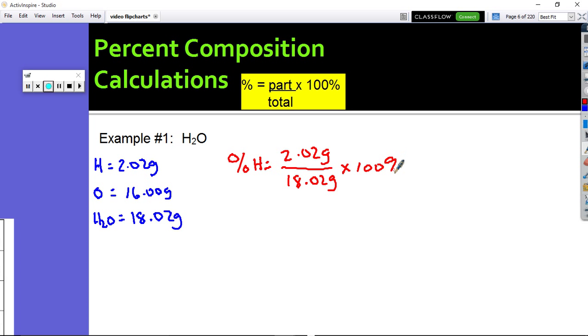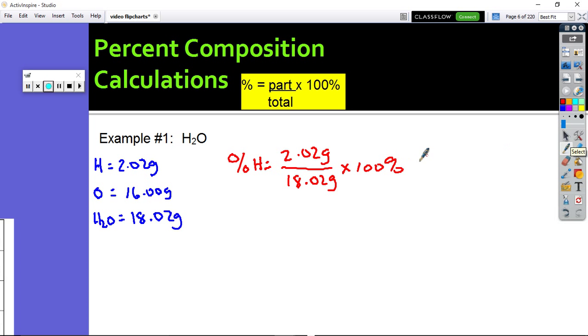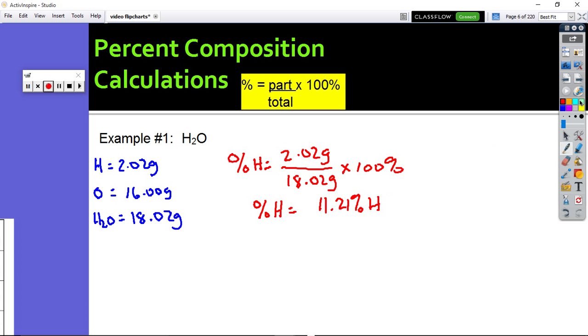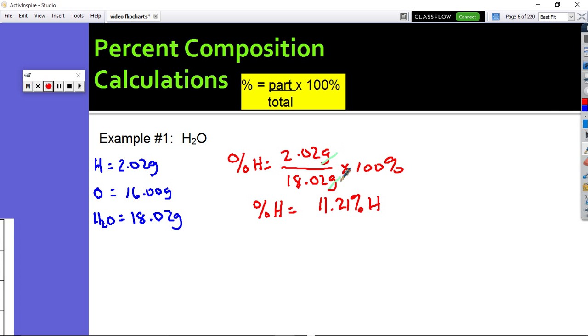So in the calculator, we're going to do 2.02 divided by 18.02, get that answer, times by 100. And when you're done, the percentage of hydrogen will be 11.21%. Now notice how the units cancel. We have grams on the top and grams on the bottom. They cancel each other out, and we get percent as our only unit.